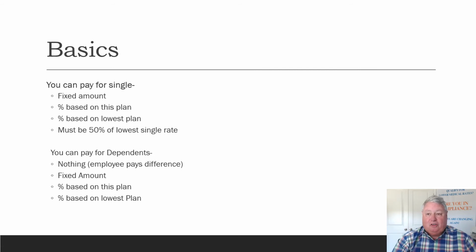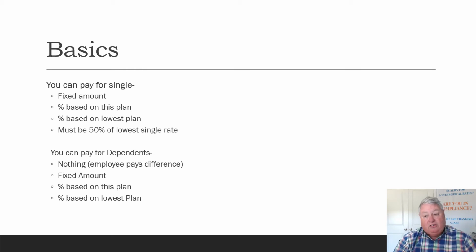So let's look at this from another perspective to try to simplify it perhaps. On the single, you can pay a fixed amount as long as it's a minimum of 50%. You can pay a percentage based on the one plan you have or on a specific plan. If you're offering multiple plans, you can pay a percentage on the single of the lowest plan.